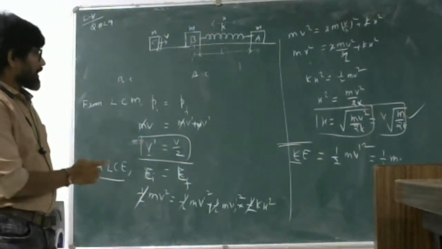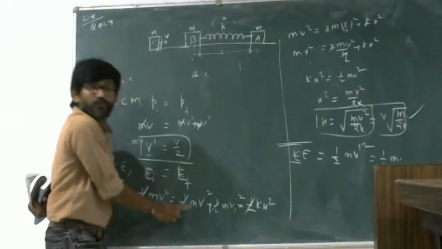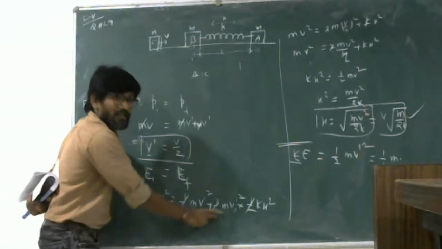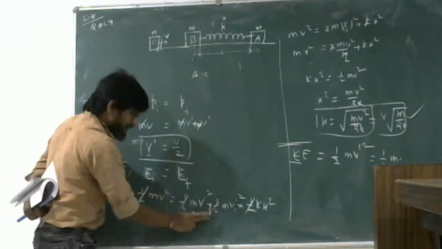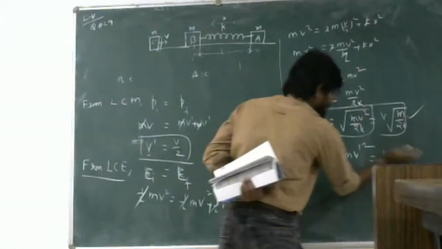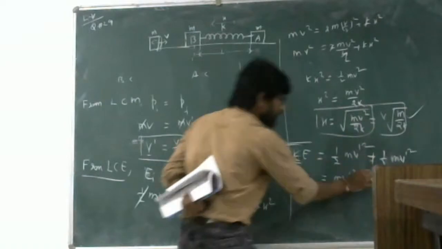Wait, not just half m v dash square. The kinetic energy of the system after maximum compression, excluding the potential energy of the spring, is half m v dash square plus half m v dash square, which is m v dash square.